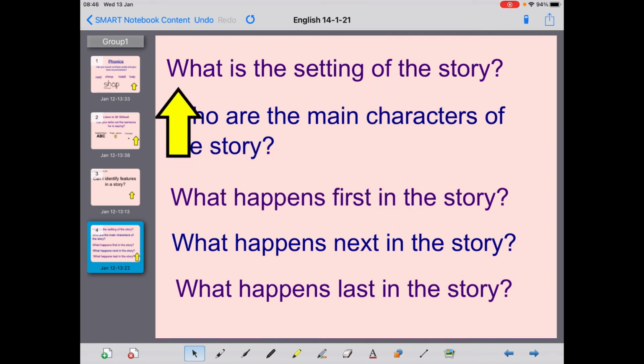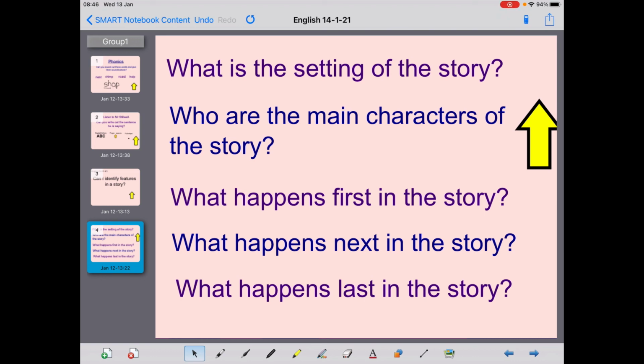You could put, the setting of the story is in, and then where the story is set. The story is set in, and then your answer there. So we can write in a full sentence, okay, that makes sense when we check it back when we read it. Okay, hope that's okay for you.